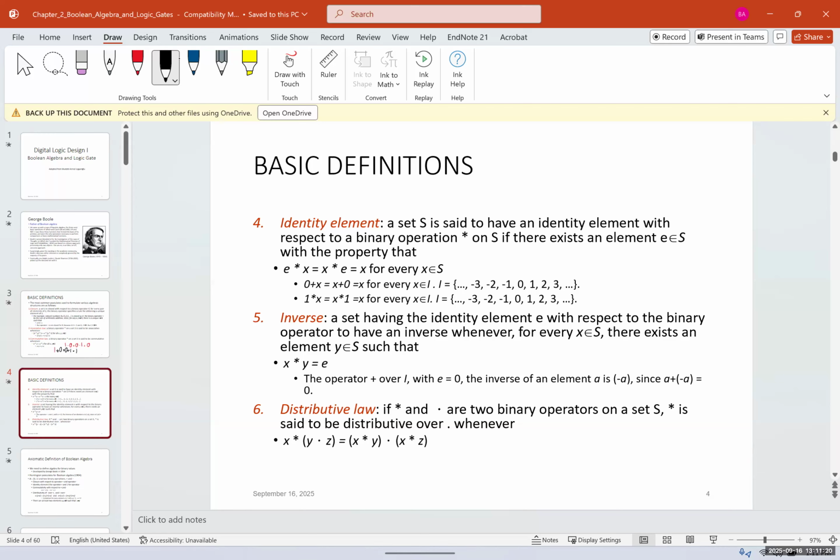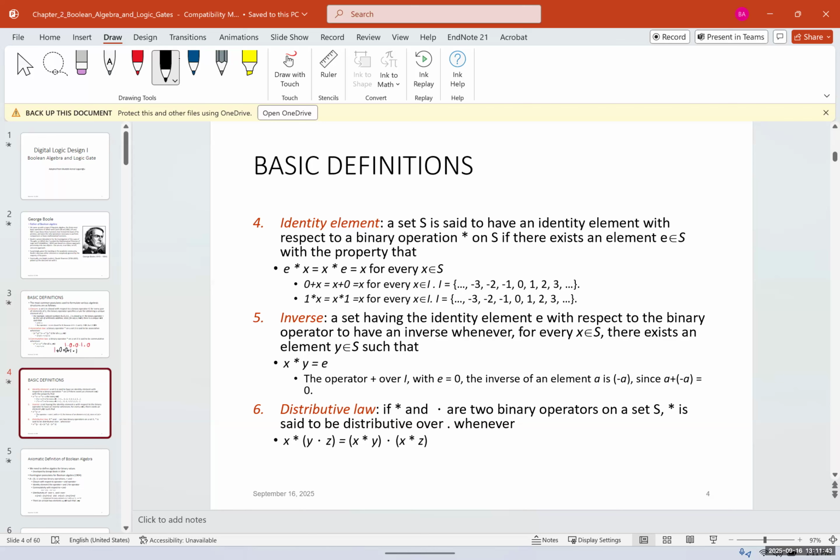And then we have the inverse. A set having the identity element with respect to the binary operator is said to have an inverse whenever for every X belonging to S, there exists an element Y that also belongs to S, such that X AND Y is equal to E. And then we have the distributive law.